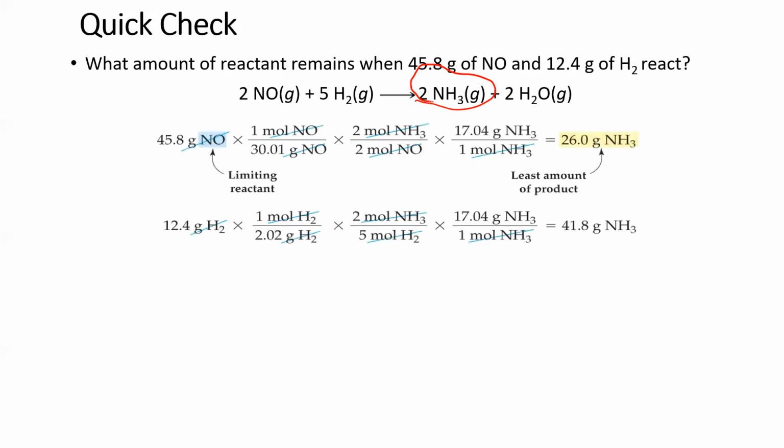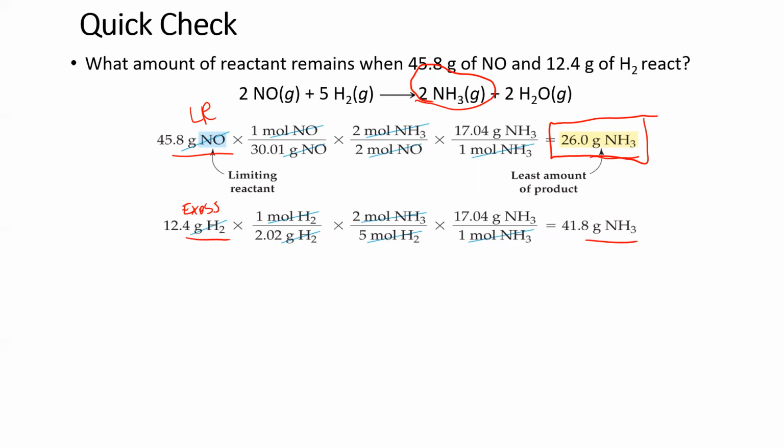I just took the prior problem that we worked on in the video where we converted both reactants, the nitrogen monoxide and the hydrogen, all the way to grams of ammonia. And what did we pick for theoretical yield? The smaller amount. In this particular problem, we see that the nitrogen monoxide is the limiting reactant, and that means my excess is hydrogen.